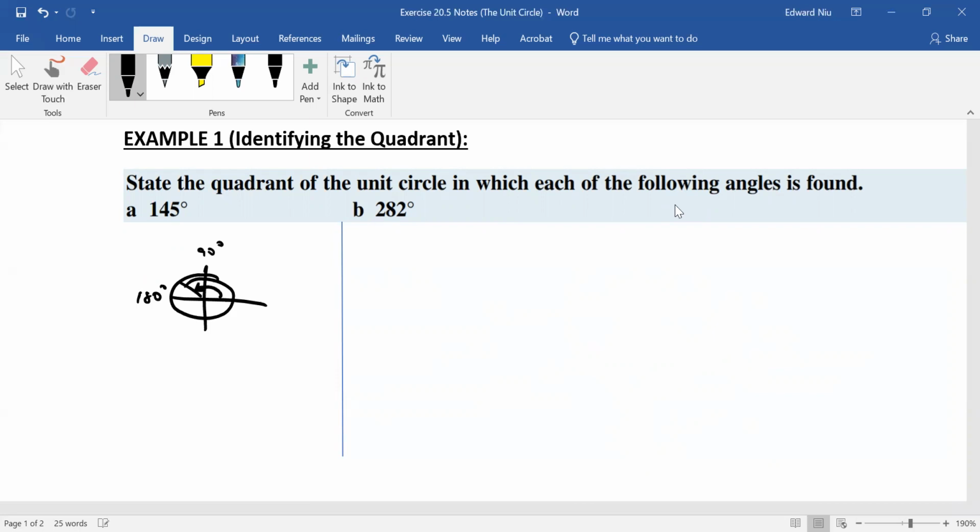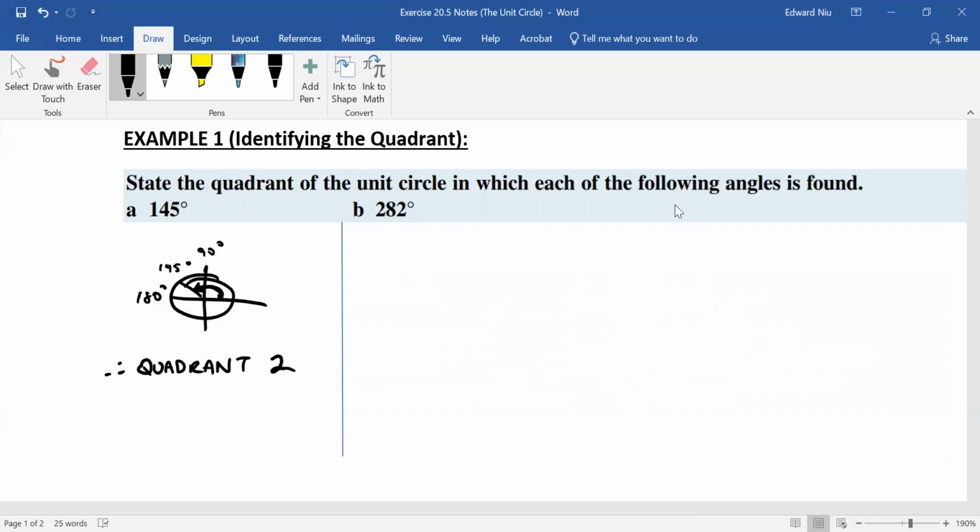And remember, we always go from quadrant 1, so this point here, and then to our left. All right, so the starting point is always quadrant 1 on the x-axis, and this point here would be 145 degrees. So therefore, we know the top left quadrant is quadrant 2. Okay, the question just wants us to identify which quadrant the following degrees are in.